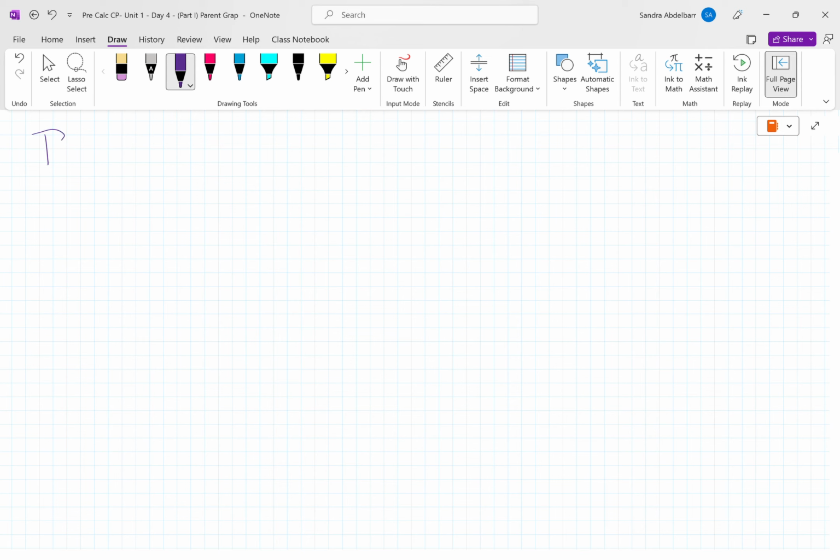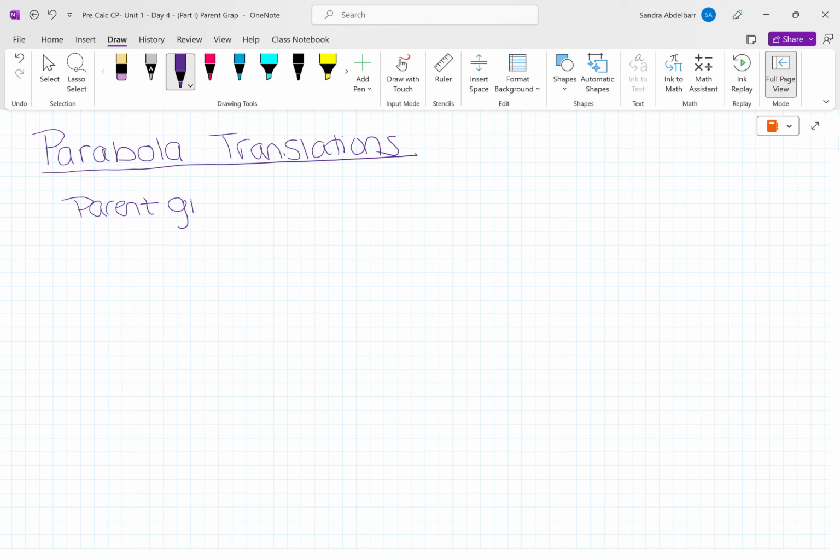All right, let's talk. I'm going to do them individually first, even though it's always the same rule. So let's talk about shifting the parabola. Our parent graph is y equals x squared.